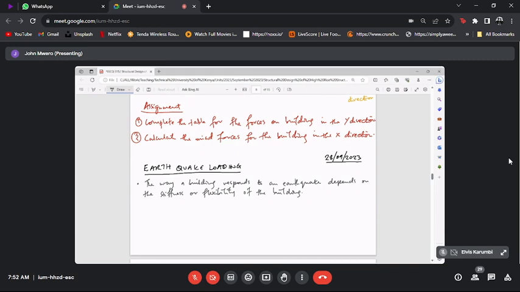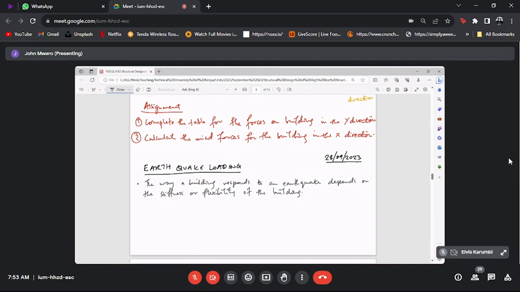Now, it is easy to think that the stiffer a building is, the better it is for that building in an earthquake. But that is not absolutely true. For areas where they build very tall buildings and those buildings are prone to significant earthquakes, they actually design those buildings to be able to deform in an earthquake, to be more flexible, to be more ductile.